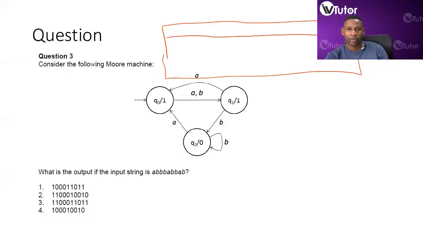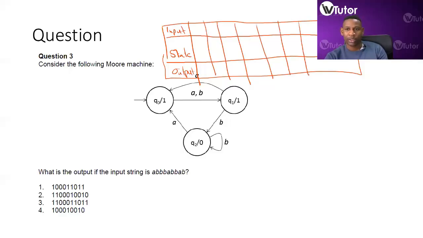So I've got 1, I've got 2, I've got 3. So I have input row, I've got state row, and I've got output row. Then I have these columns that I put in my numbers. And then I'm going to have this blacked out.